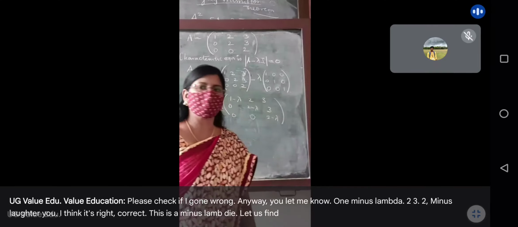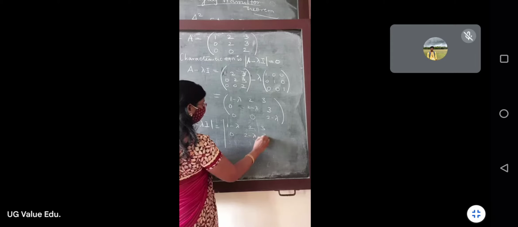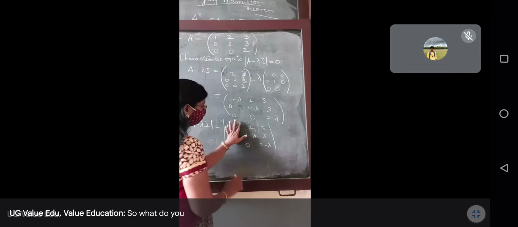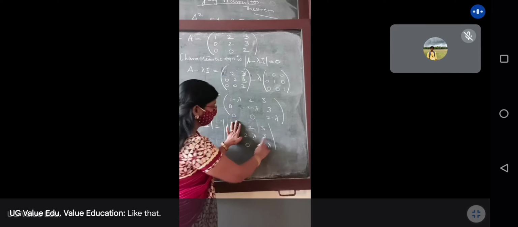You all know how to find the determinant of a 3 by 3 matrix? Let's do that now. We take this one: 1 minus lambda into (3 minus lambda)(1 minus lambda) minus 0. That's the first one.